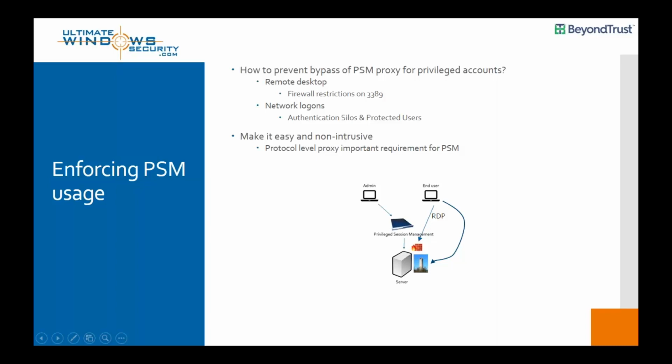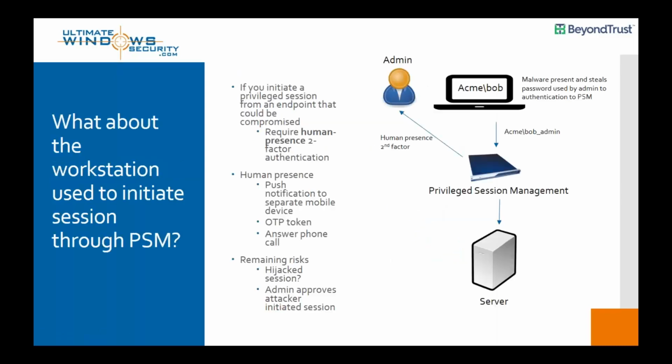And that's how we could prevent it, and so what we do then is take our privileged session management appliances, that whole cluster, and put them in the silo. And so now there's no way to bypass it, at least for Windows systems. All right, next.